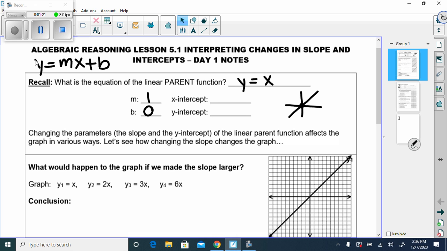So it's going to cross the x-axis at 0, 0, and it crosses the y-axis at 0, 0, since it goes through the coordinate. So when we change the parameters, we're really changing either the slope or the y-intercept or both. So this part can change and this part can change.